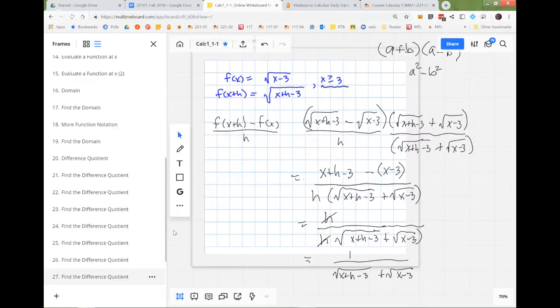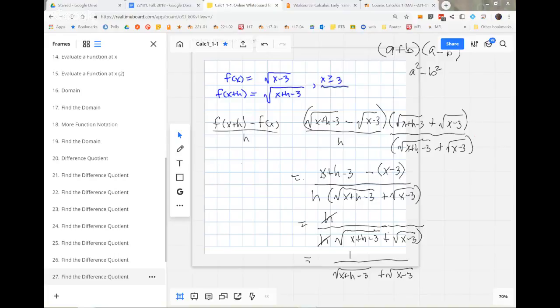Hang on a second. Oh yeah, hide participants. There we go. So now you should be able to see the bottom. Anything that needs clearing up on that, let me know.